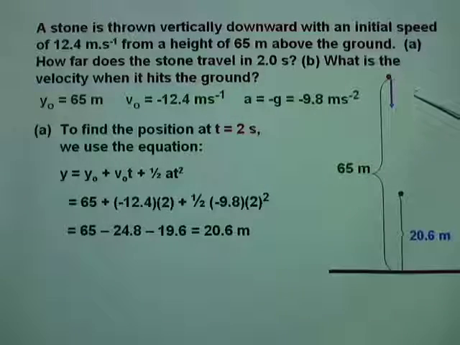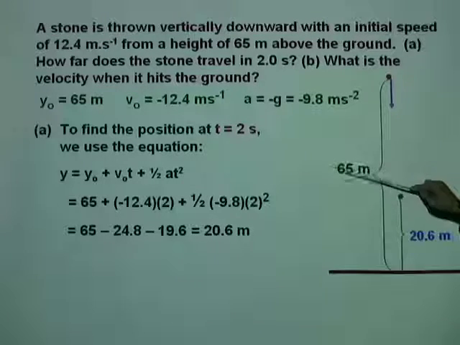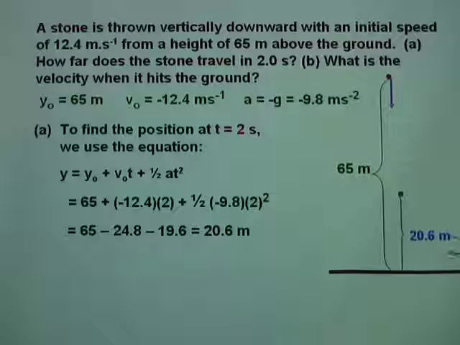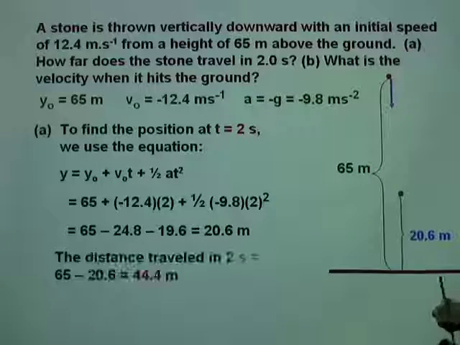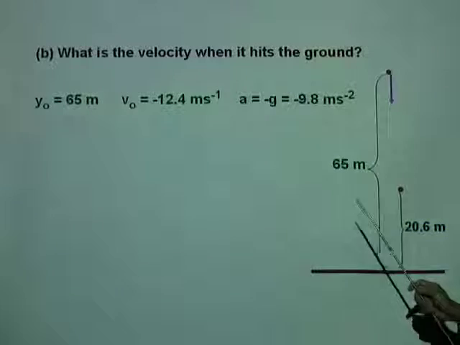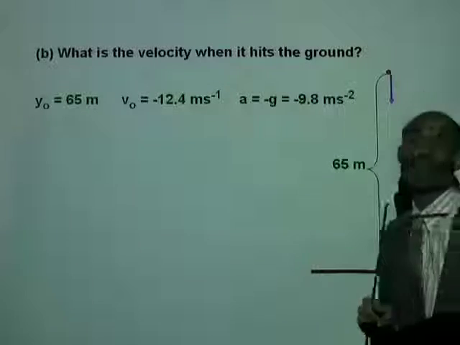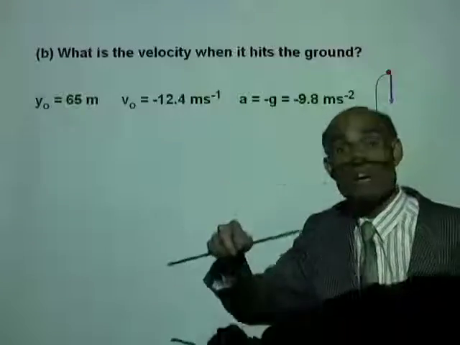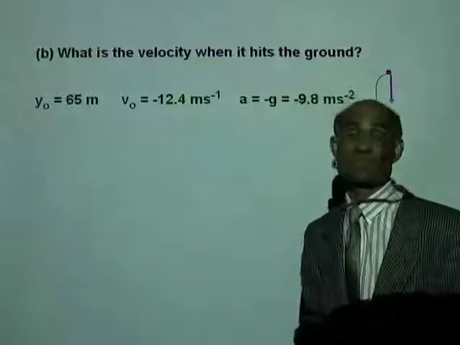The whole distance is 65, and at the end of 2 seconds it is at y equal to 20.6 meters. Therefore, the distance it travels during those 2 seconds is 65 meters minus 20.6 meters. That will be 44.4 meters. That is how far it drops in 2 seconds.